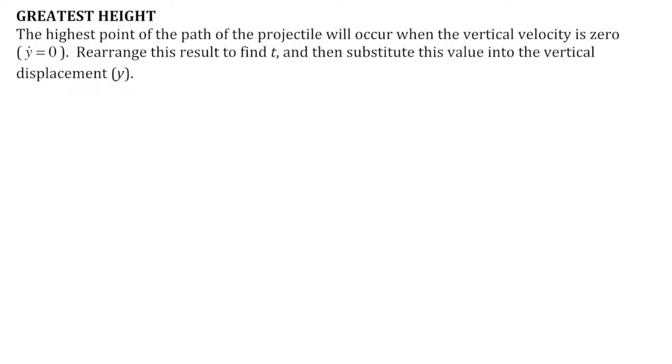So what is the formula for y dot? Well, let's write a few things down first. So, maximum height occurs when your vertical velocity is equal to 0. Now, what is the vertical velocity?